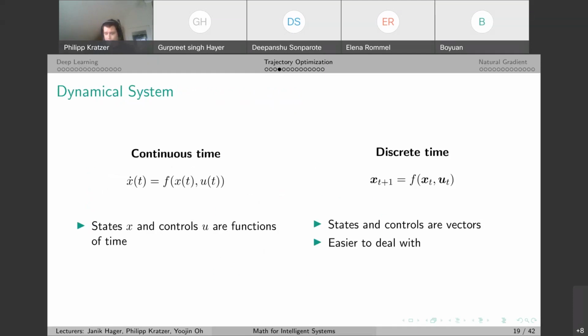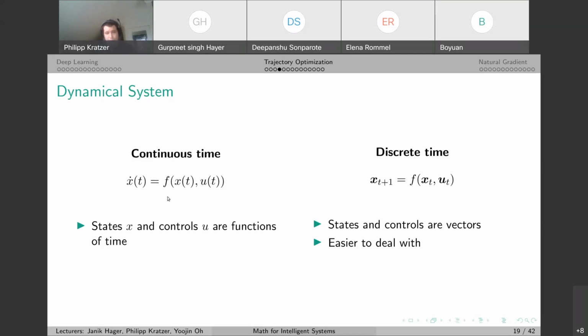So yeah, we have a dynamical system like the cart pole. There are 2 ways we could describe it: in continuous time and in discrete time. In continuous time, the state x will be a function of the time, and u are our controls, which also will be a function of the time.